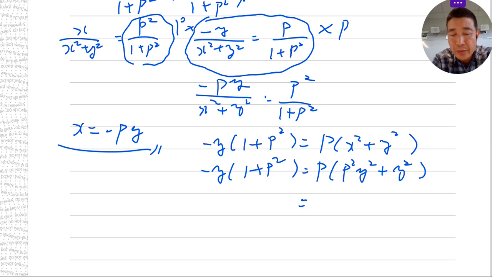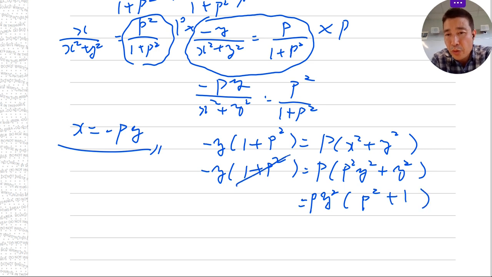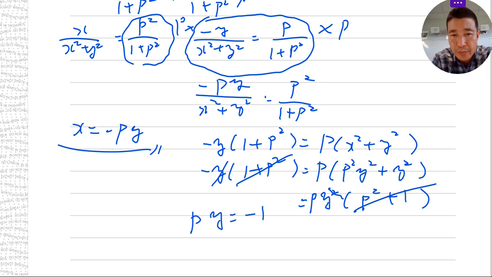So I can simplify y on both sides. So p y squared times p squared plus 1. You see, 1 plus p squared, they are the same, right? I can simplify by y. So what I have is py equals negative 1.